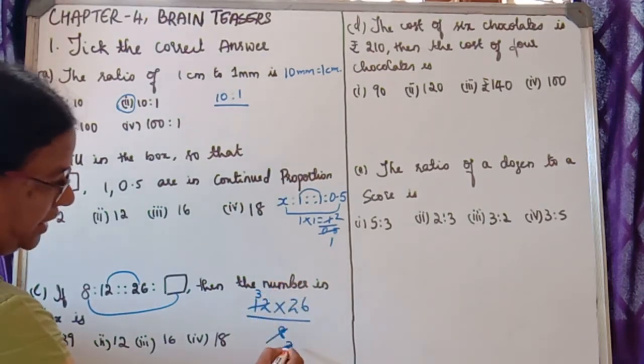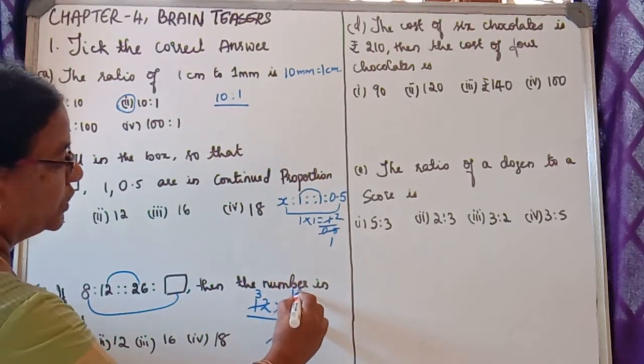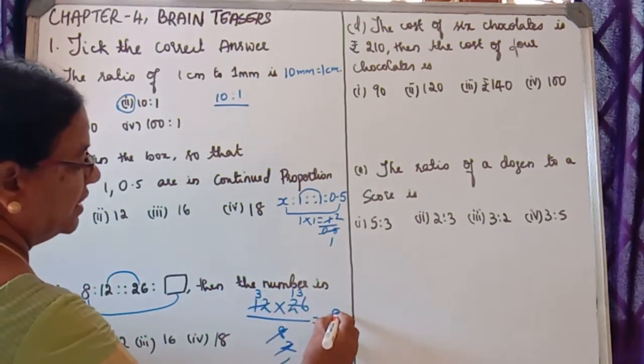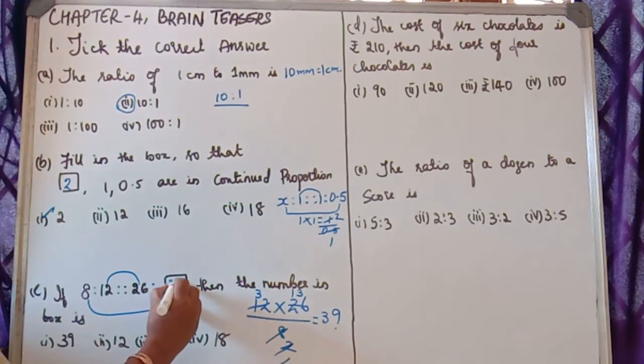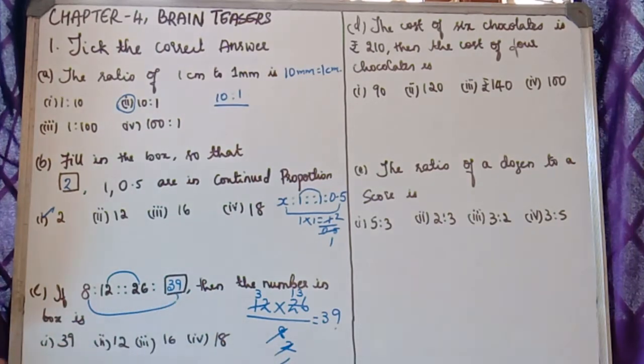Now, we can cancel it with 26. 2 ones are 2. 2 ones are 2. 3 twos are 6. Now, 3 threes are 9. 1 three is 3. What will come in the box? 39. 8 is to 12 as 26 is to 39. Then the number in the box is 39. Which option? First option is the correct answer.